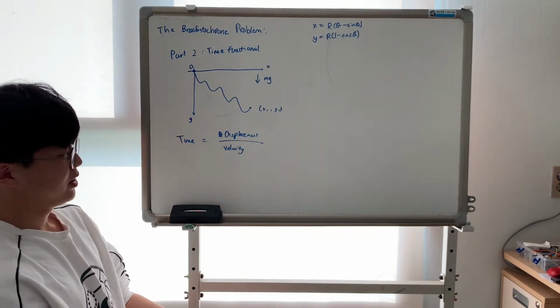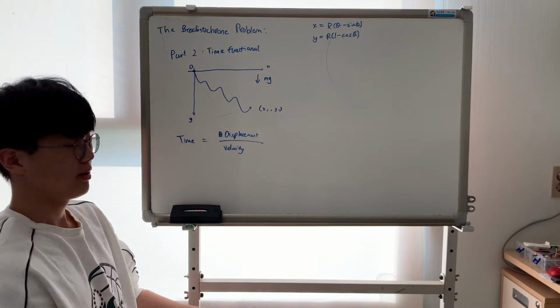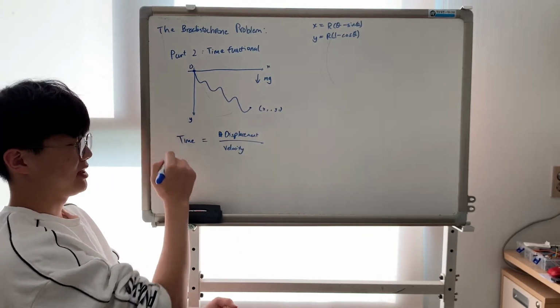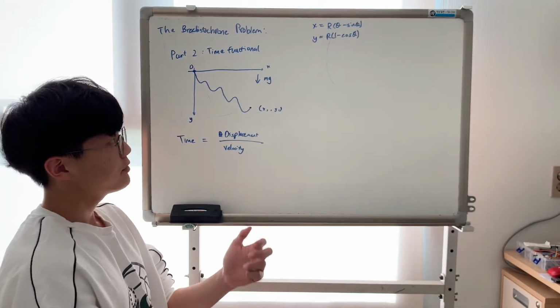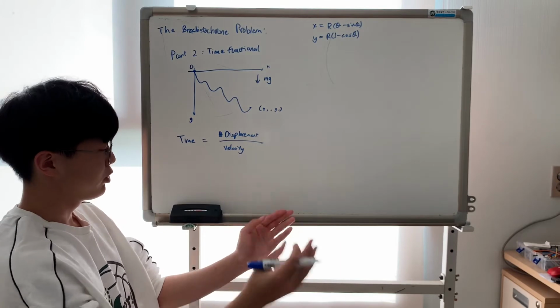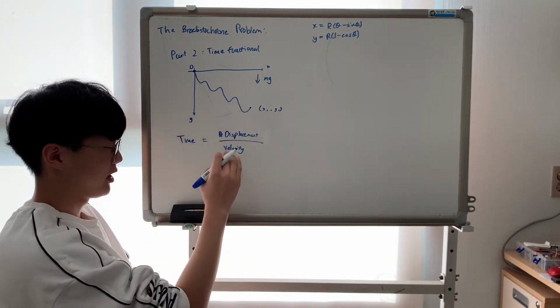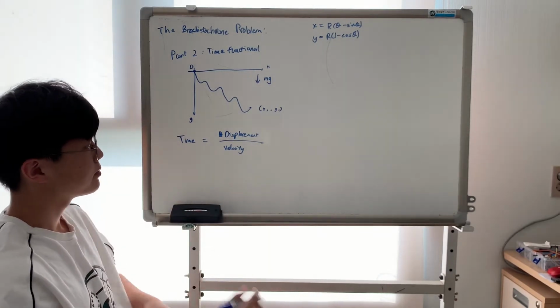You could imagine the d-v-t triangle diagram, whatever, but it is a fact that time is equal to displacement over velocity. And so if we have an expression that gives us the displacement and an expression that gives us the velocity, we could get what the time would be.